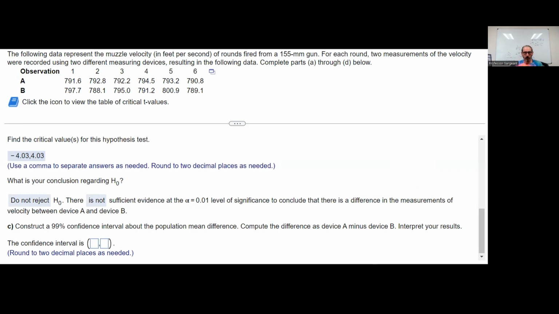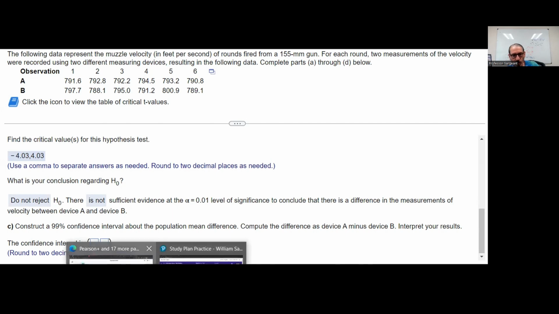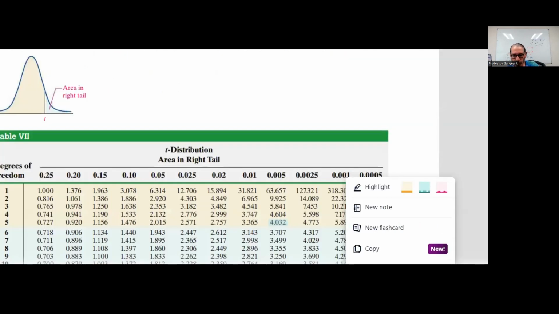That's the alpha we had. We divided alpha by 2 for this two-sided test to get our critical t-value to compare against, just like we divide alpha by 2 when we're given the confidence level. We find alpha, we need to divide by 2 because the table is only showing us what's in the right tail.